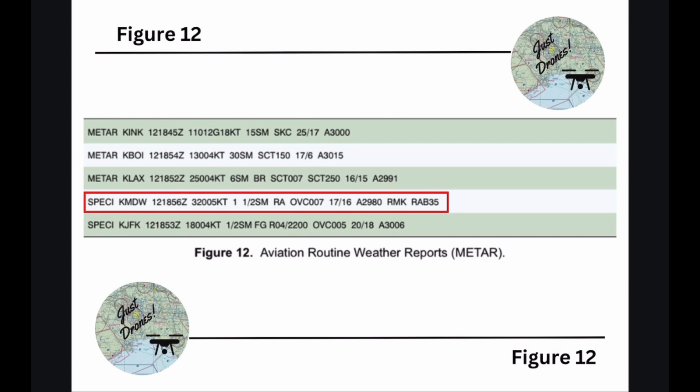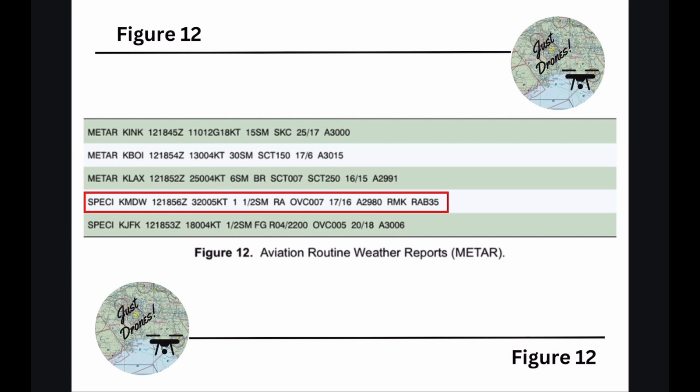No, with METARs, always add 2 zeros behind your cloud heights. So whatever cloud height it is, it does not matter. If it has a number, add 2 zeros behind it. So it's overcast at 700 feet. And this is measured above ground level. It's not an MSL number, it's an above ground level number.